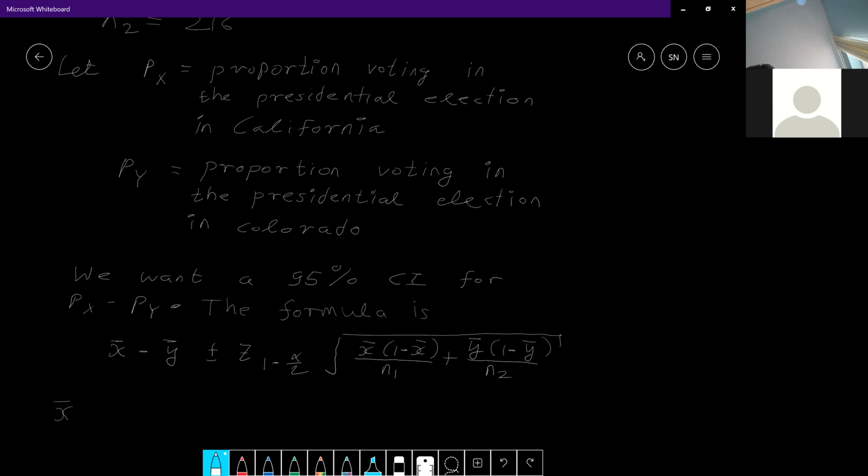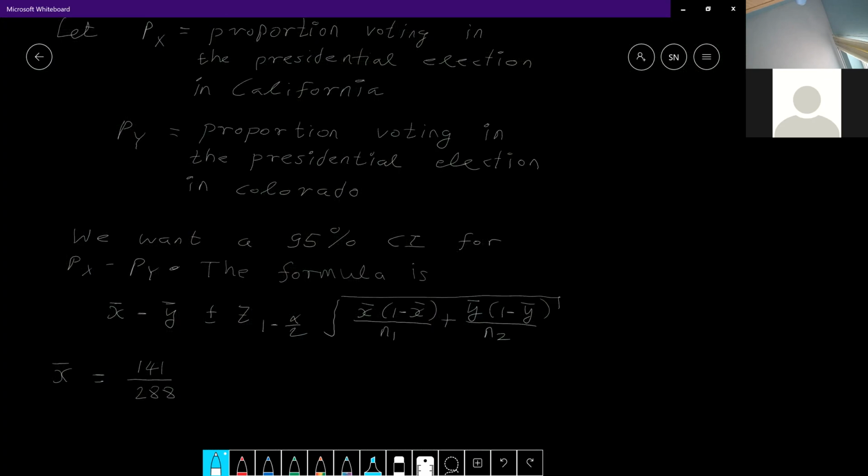Now x bar is the sample proportion for the first sample, which in this case is 141 divided by 288. That's the x bar for this question. Y bar is the sample proportion for the second population, which is 125 divided by 216.